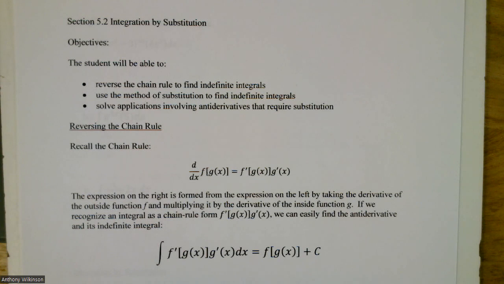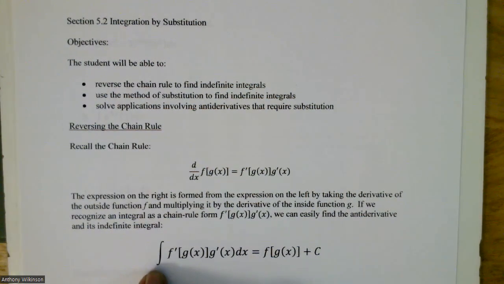So the expression on the right is formed from the expression on the left by taking the derivative of the outside function f and multiplying it by the derivative of the inside function g. So if we recognize an integral as a chain rule form, f prime of g of x times g prime of x, we can easily find its indefinite integral.